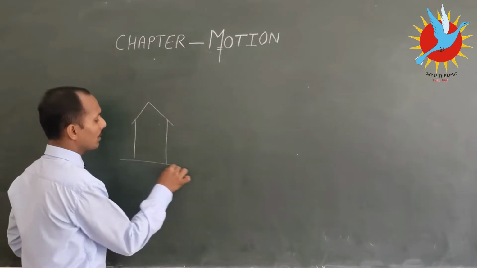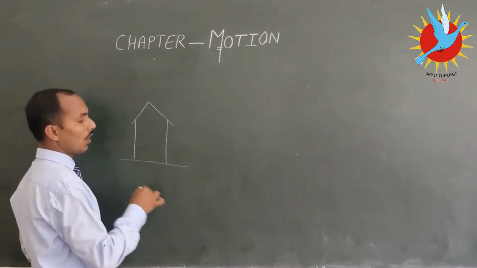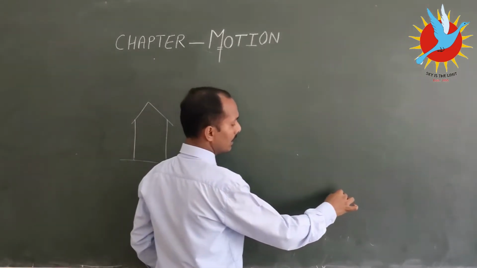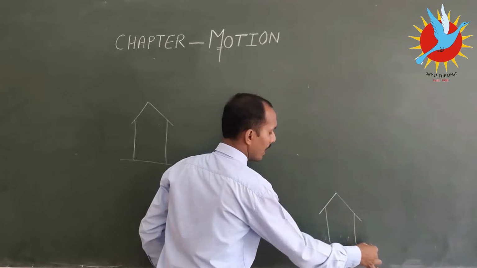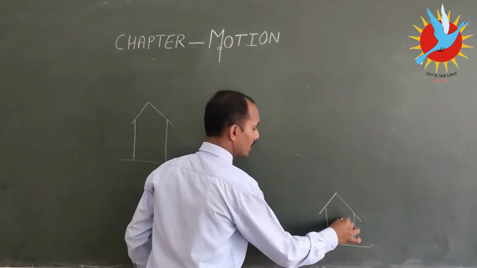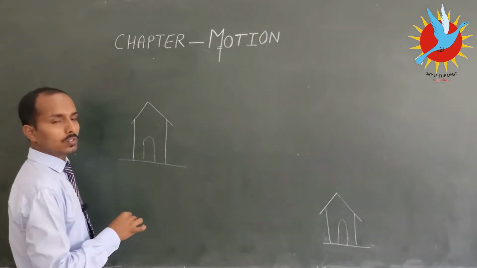Take an example that this is your house and this is your friend's house, and you want to visit your friend's house.